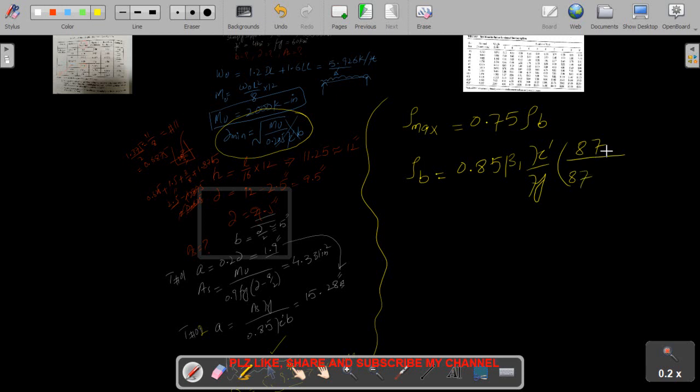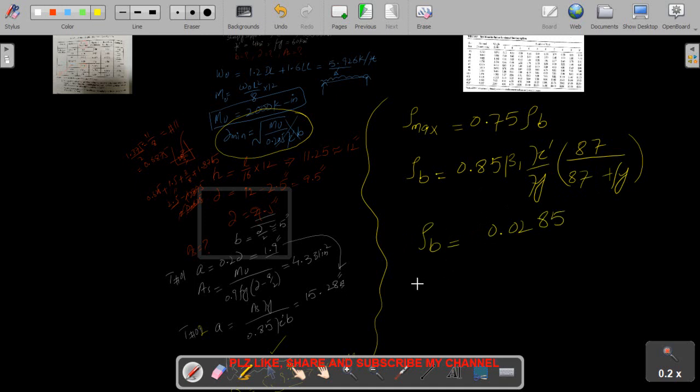If you are using psi, we will use 87,000 plus Fy, right? We know all the values, because Fc prime is 4 ksi, and beta 1 is also 0.85. So if I plug in all the values, I get my rho B value as 0.0285.